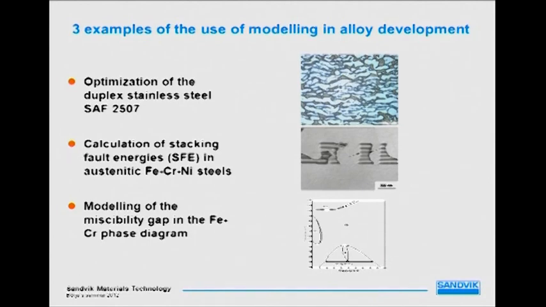It's now possible to calculate the stacking fault energy from first principles. And the third example is from the well-known miscibility gap in the iron-chromium system, the ferrite which becomes unstable under certain circumstances and leads to embrittlement.